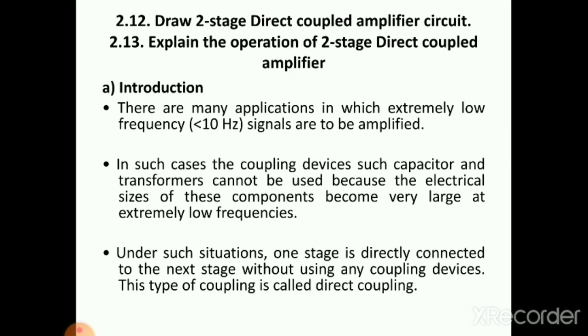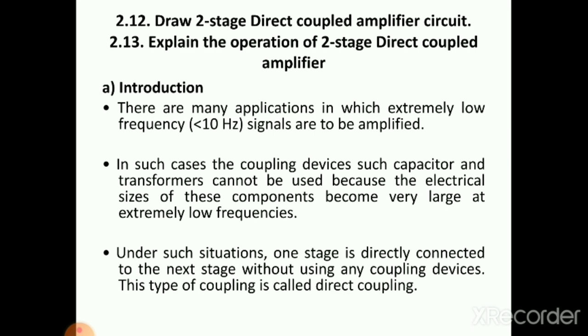In particular, in some applications we need low frequency signals, that is less than 10 Hz, almost DC signals, which have to be amplified. In such cases, the coupling devices, capacitors and transformers we have used in the last two circuit diagrams, their physical sizes, electrical sizes become very large.